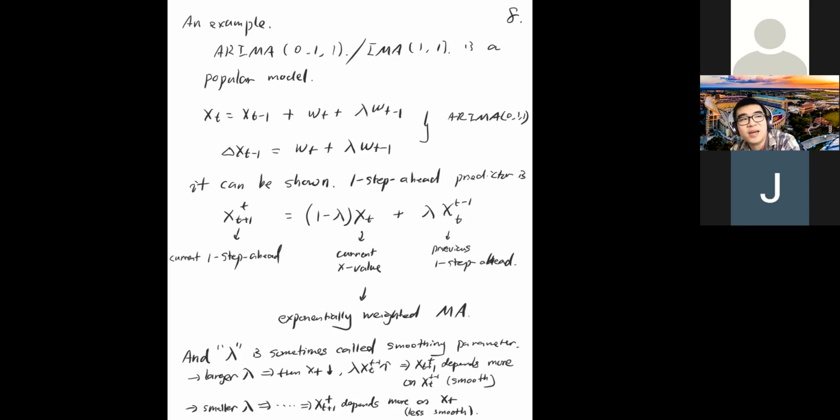Now the question comes to how can we determine this lambda? To me, it's more like a pure statistical question, even though some economists, especially financial economists, might think it's an economic behavior question.